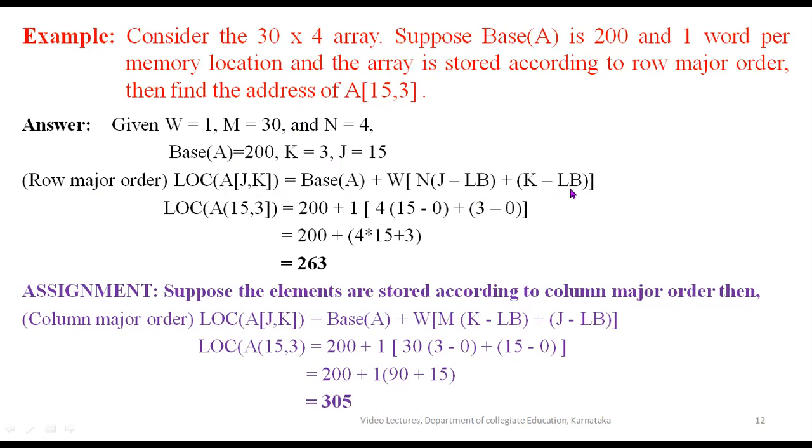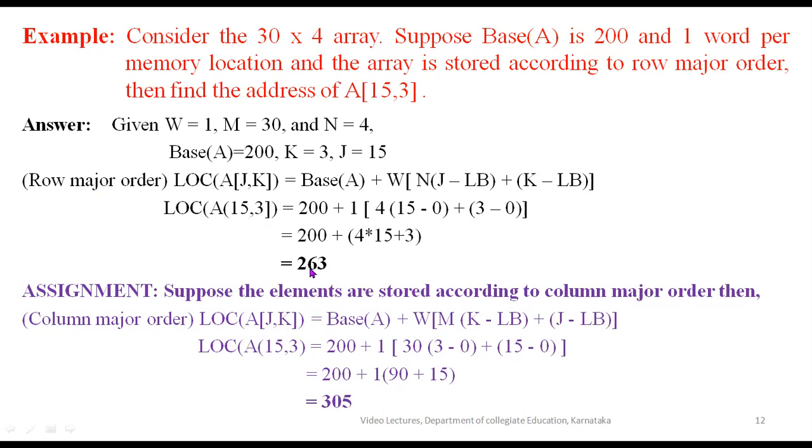So after substituting the values in the formula, we get location of A of 15, 3 as 200 plus 1 into 4 times 15 minus 0 plus 3 minus 0, which turns out to be 263. So from this, we understand that if the elements of the matrix A are organized in row major ordering form, the location of A of 15, 3 is 263.